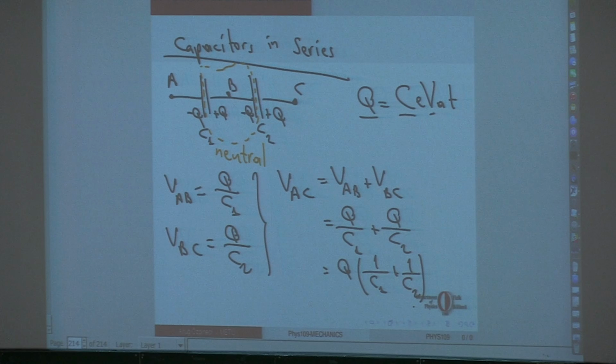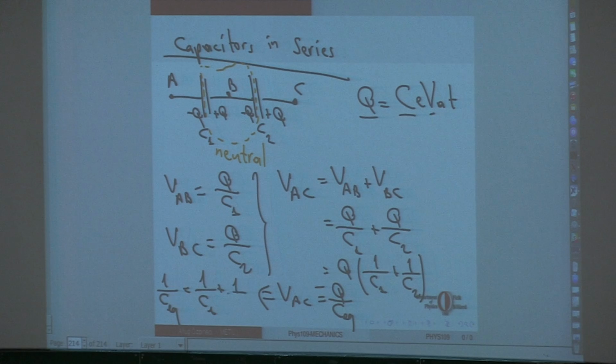And remember, the charge that passed through our circuit is Q. So we can define VAC to be equal to Q over the equivalent capacitance, provided that 1 over C equivalent is equal to 1 over C1 plus 1 over C2.